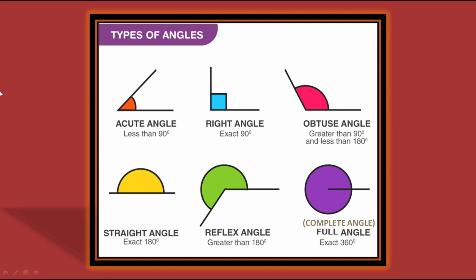That is acute angle which is less than 90 degrees. Next comes right angle which is exactly 90 degrees. Next is obtuse angle which is greater than 90 degrees and less than 180 degrees. Next is straight angle which is exactly 180 degrees. Next comes reflex angle which is greater than 180 degrees. And next is complete angle or we can say full angle which is exactly 360 degrees.